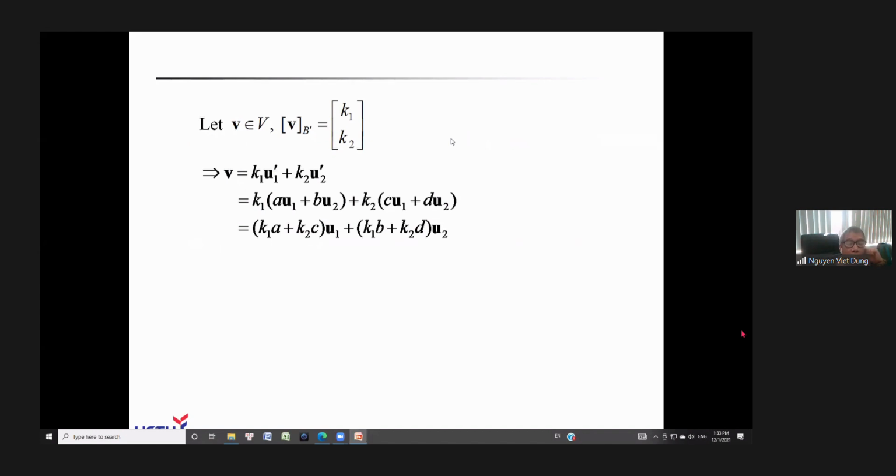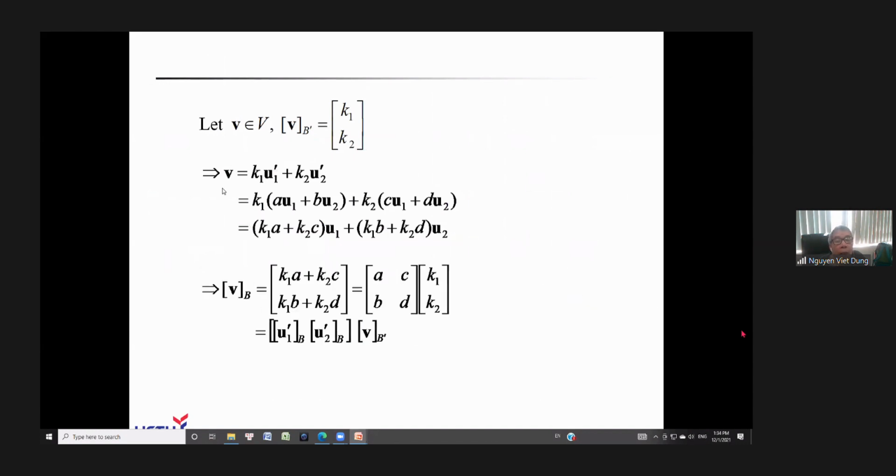But in the previous slide, we know already that U1 prime equals that and U2 prime equals that. So because of that, we get V equals that vector. Now we regroup the vector U1 with U1 here, U2 with U2 here. You get that it equals (K1a plus K2c) times U1, and then (K1b plus K2d) times U2.